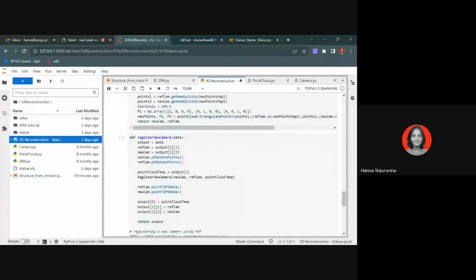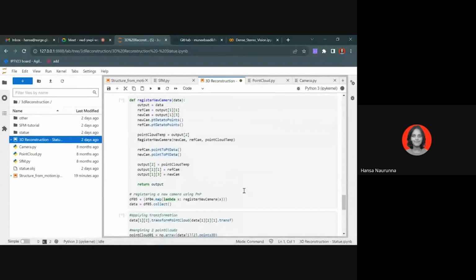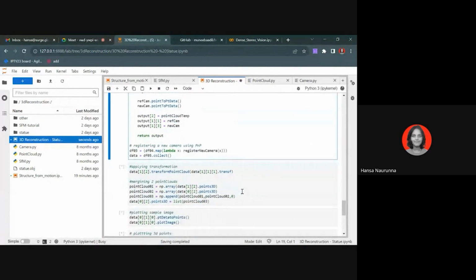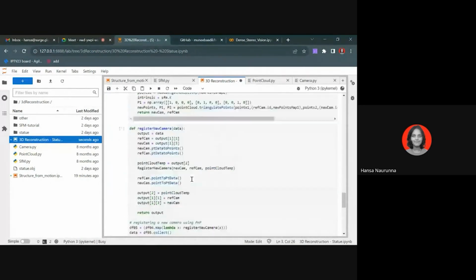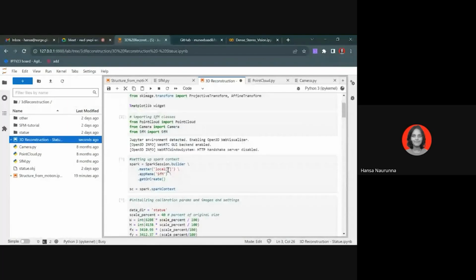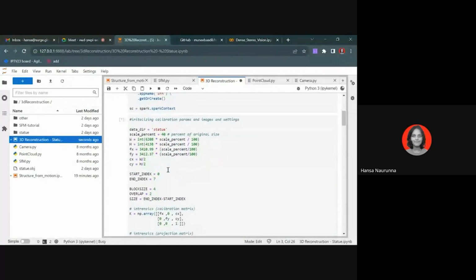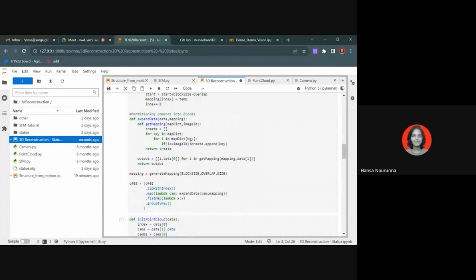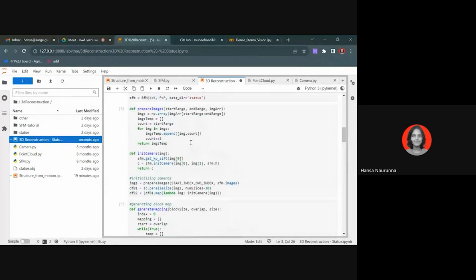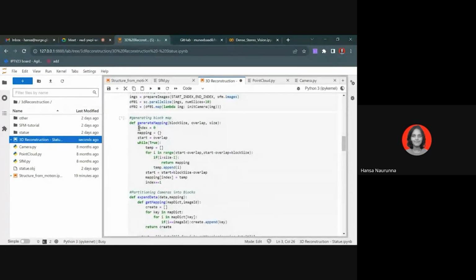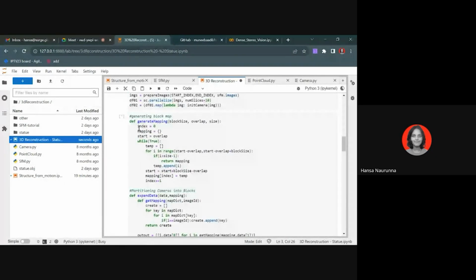Not sure if it'll crash my PC or not, but we will give it a go. Should probably start off with the running. So it's generating the maps. Most of the code is actually not here. It's inside these camera, point cloud, and SFM files over here.